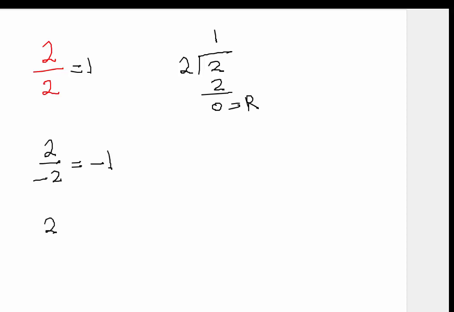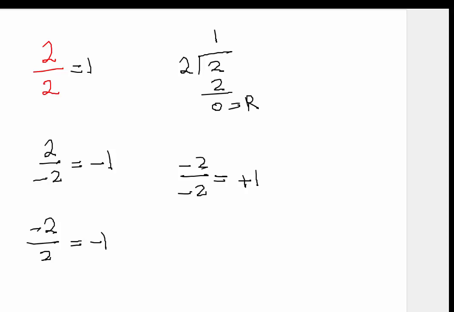If I had minus 2 over 2, that would be equal to minus 1. If you multiply or divide an odd number of negatives together, the result will always be negative. If I had minus 2 over minus 2, because you have 2 negatives here, this would be plus 1. But if you have 1 negative, when you multiply 2 numbers, if only one of them is negative, then the result would always be negative. If both are negative, the result would be positive.